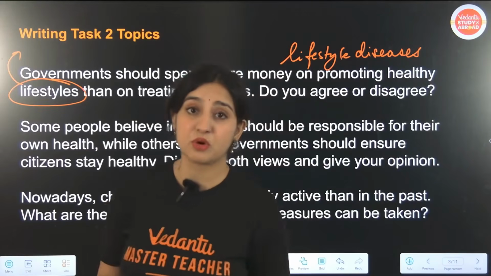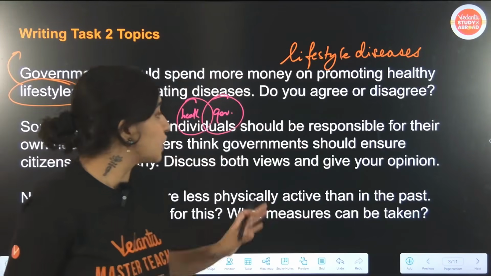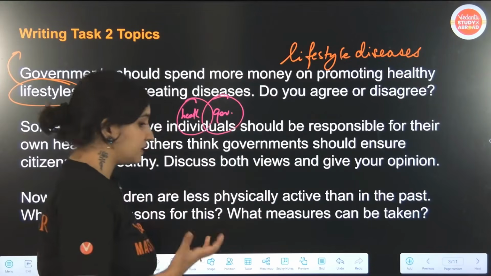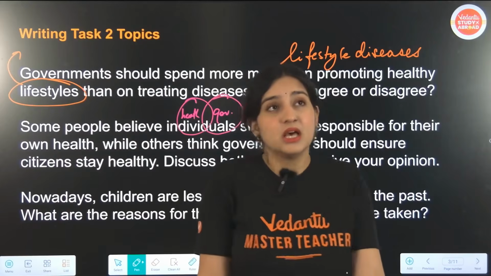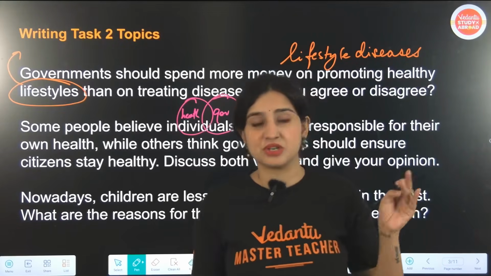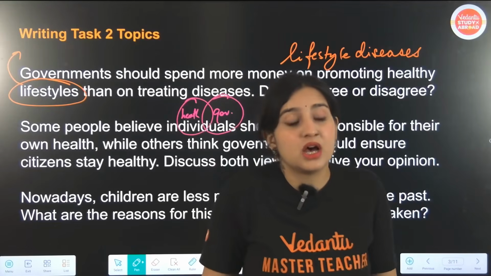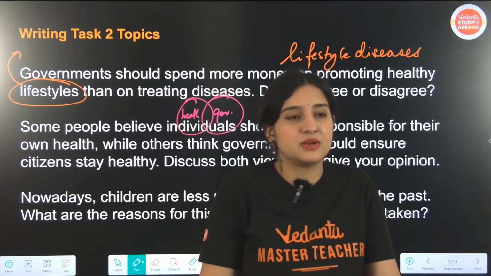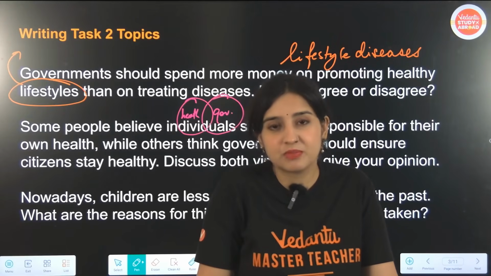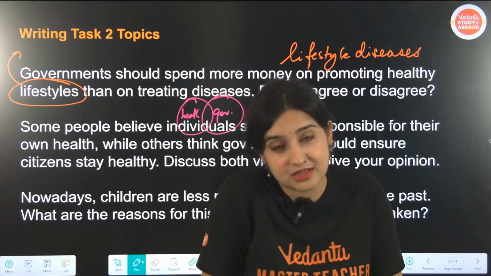Now, should government policies focus on making sure people stay healthy, or is this something that should be personal? My personal opinion is that education and health are both basic necessities, fundamental, and governments should spend a good amount of money in making sure that both these needs are met.